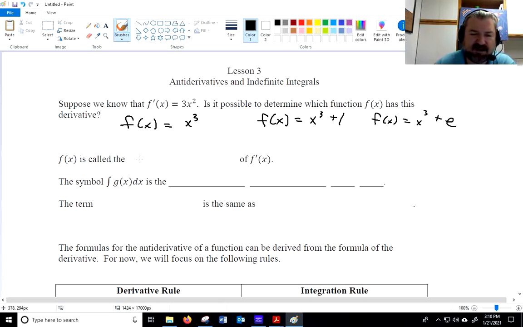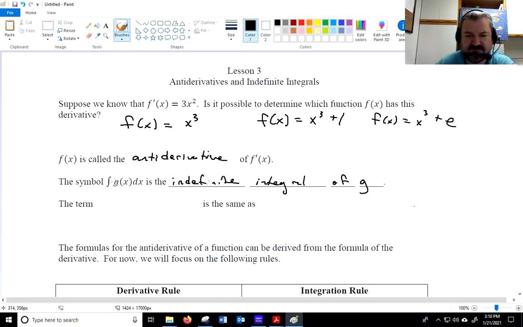So f of x is called the antiderivative of f prime. The symbol, the integral of g of x dx, is the indefinite integral of g.